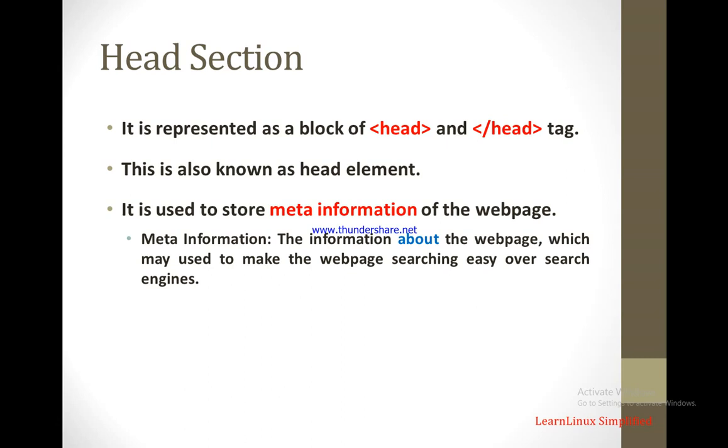So if our web page is uploaded over the server, then this meta information will be useful to make our web page searching easier for the users. That means if a user enters any keyword or term which is given as meta information in a head section, then our web page will be given a priority in the search list.